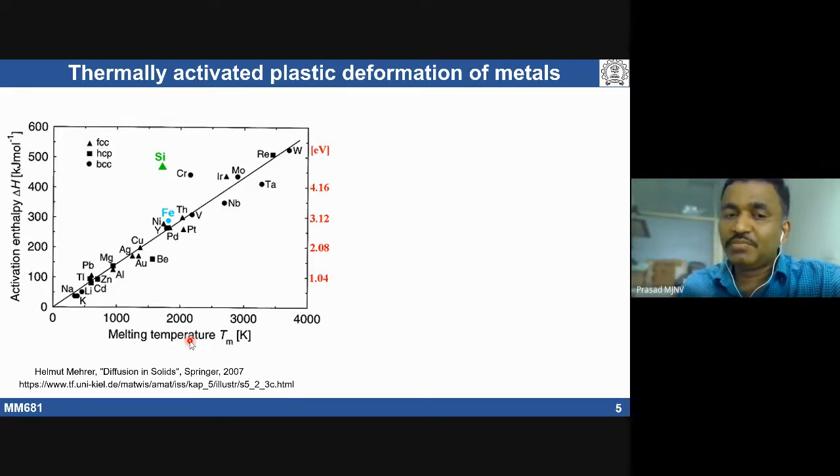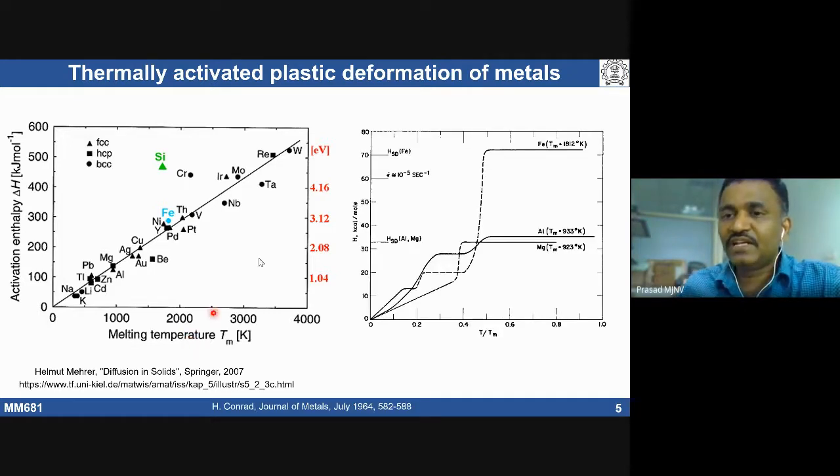Depending on temperature, the diffusion can be lattice diffusivity or grain boundary diffusivity, or depending on dislocation density. If there is a lot of dislocation density, we also talk about pipe diffusivity.